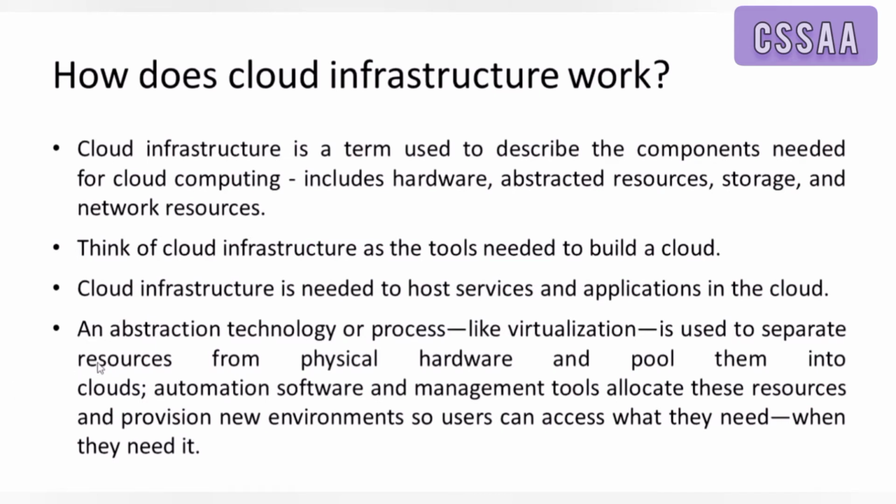Now the question is, what are abstracted resources or technology? An abstracted technology or process like virtualization is used to separate resources from physical hardware and pool them into clouds. Automation software and management tools allocate these resources and provision new environments so users can access what they need whenever they need it.